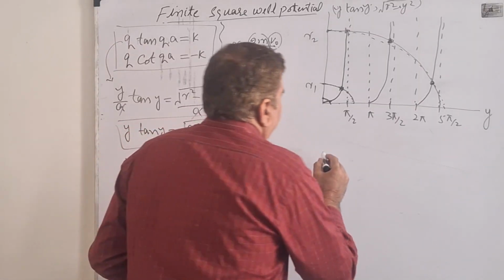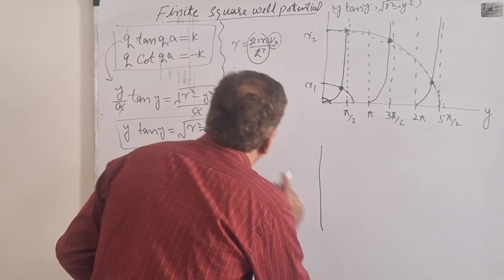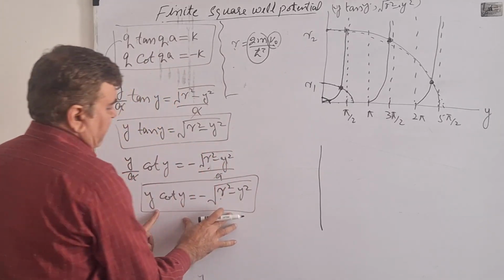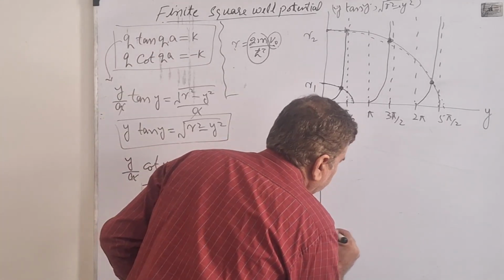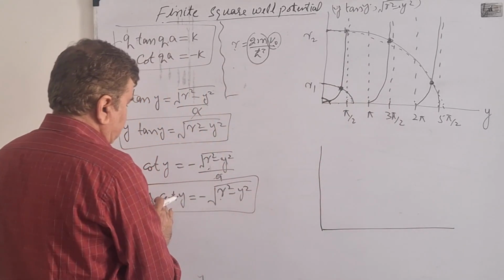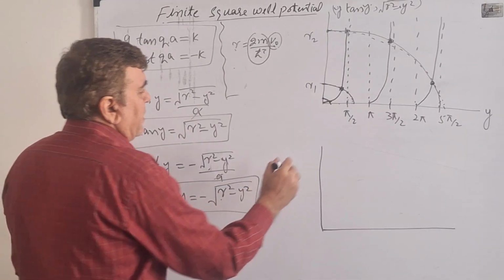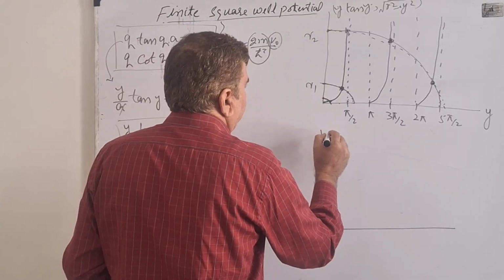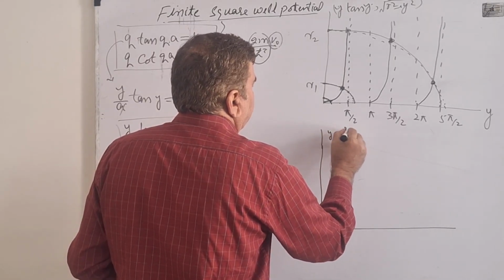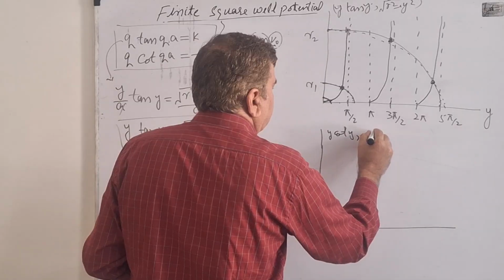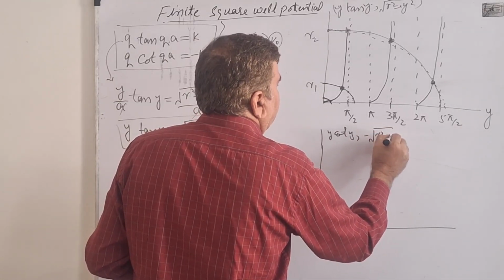And now I plot for the other case, the two sides of this equation, that is, I plot y cotangent y. So along the vertical, I would have y cotangent y and then minus square root of r squared minus y squared.